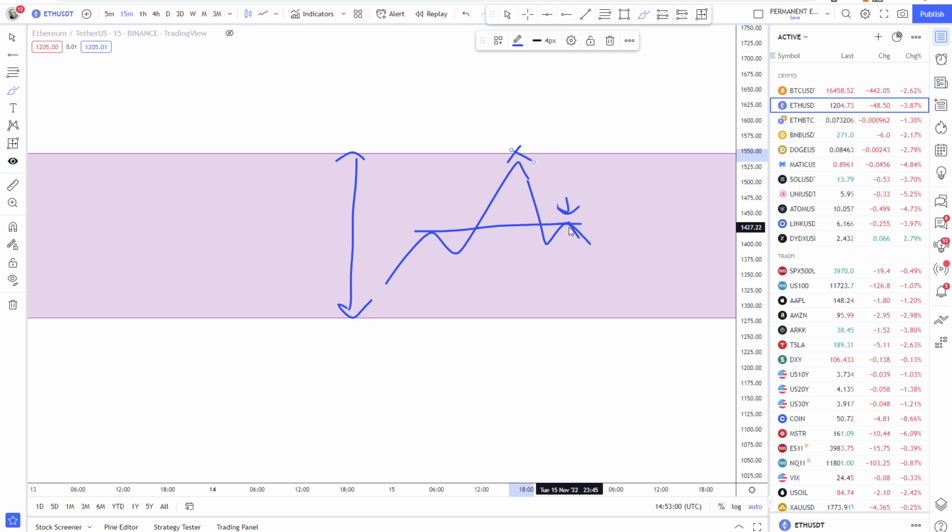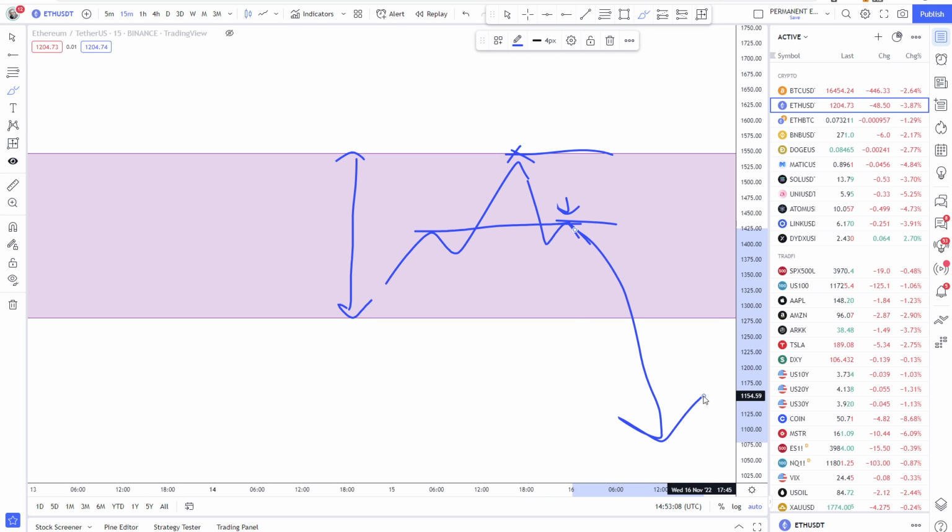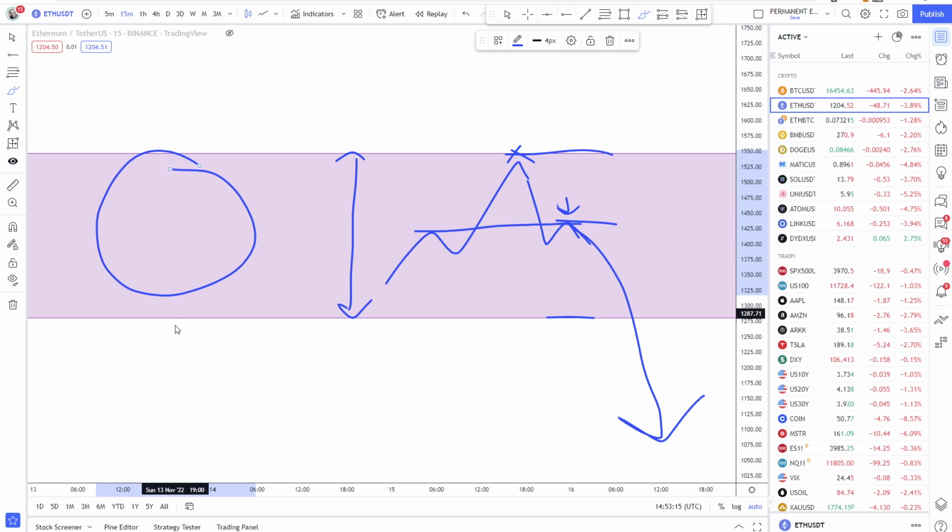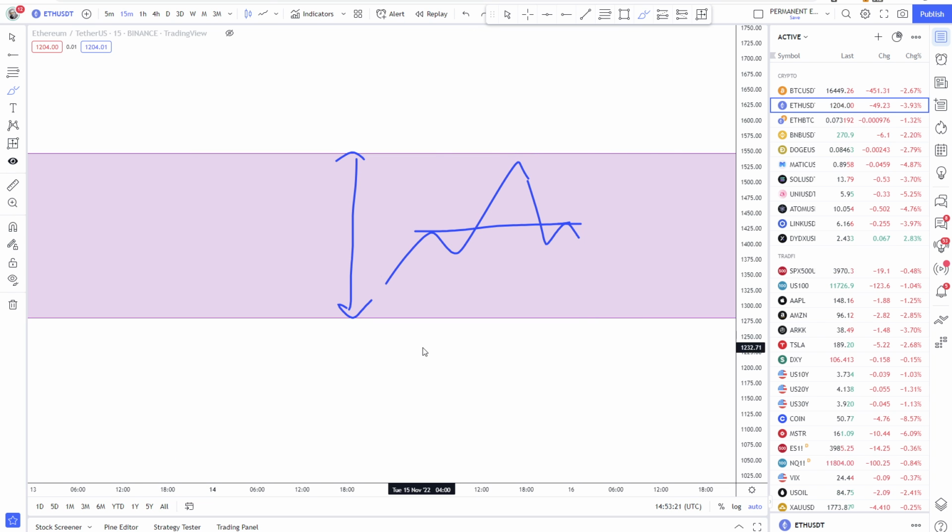And in doing so, you've managed to narrow down this entire range into a specific entry, a clear invalidation, and then you have the benefit of swing trading to a larger target, because you're not just expecting an intraday move from one side of the range to the other or whatever else. Remember, this is our weekly structure, so we're expecting it to go down to some other weekly level of resistance, right? Hopefully that makes sense.